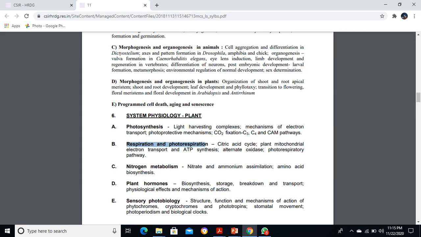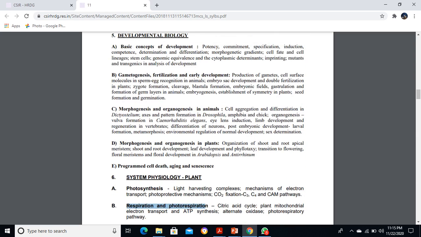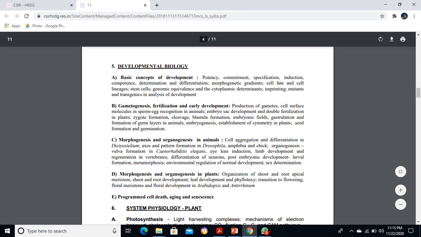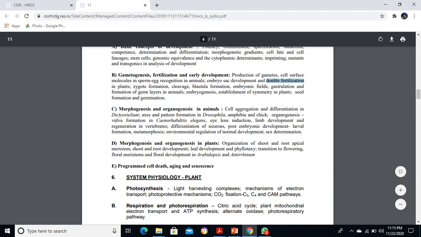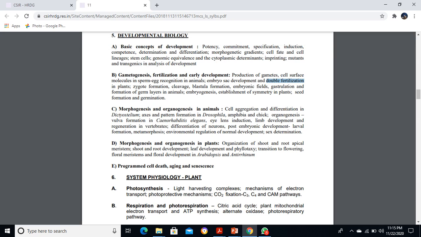You will get at least 5 to 6 questions from C part, and you will get 4 to 5 questions in B part also, because if I take plants in a holistic way, in developmental biology also there are topics in plants: double fertilization, zygote formation, the symmetry of plants, seed formation, different hormones in seed formation, then phyllotaxy, Arabidopsis, the ABCDE model, then transition to flowering, the flowering mechanisms, then embryogenesis.